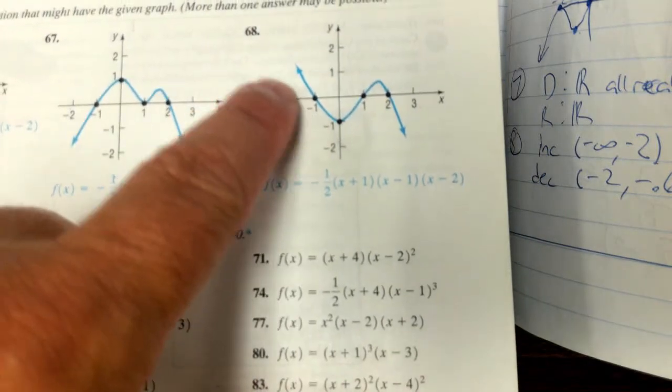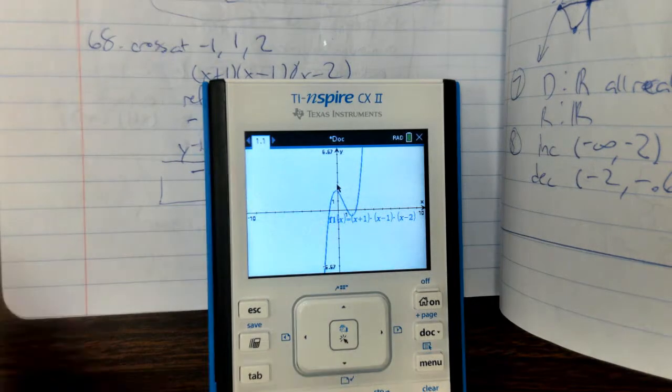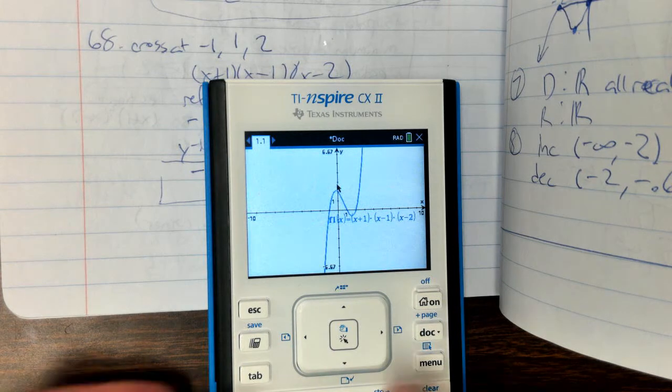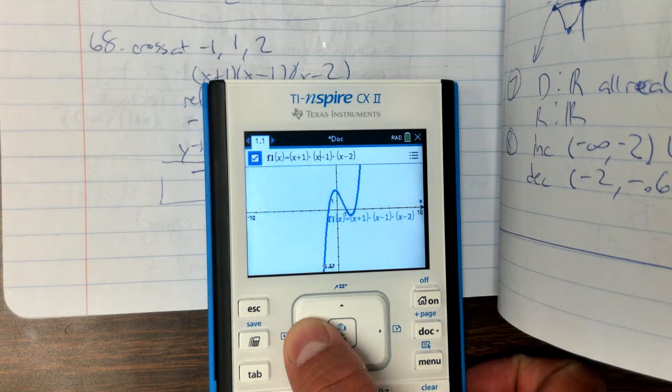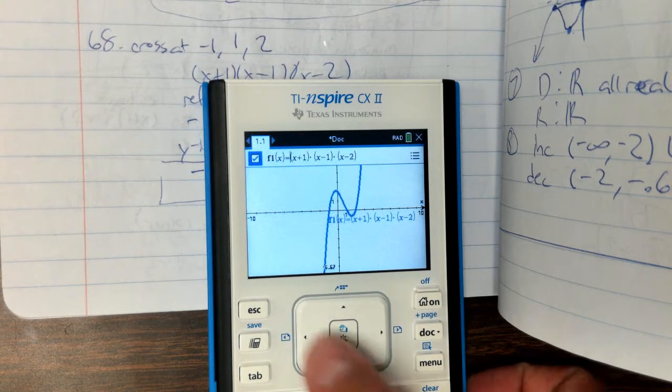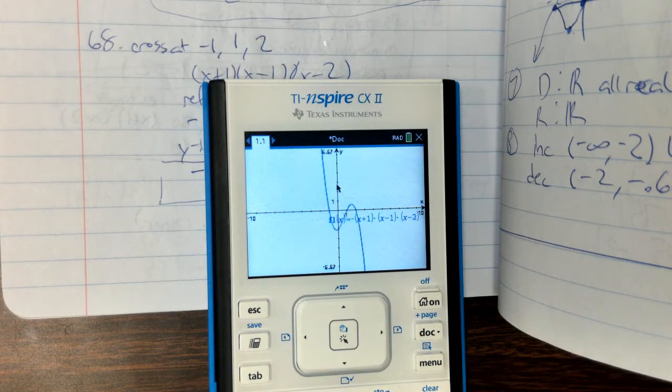So in the book it's this one where it's starting higher and coming down. So we know we have to flip it. In order to flip it, we just stick the minus sign there, and that reflects across the x-axis. So now it's closer.